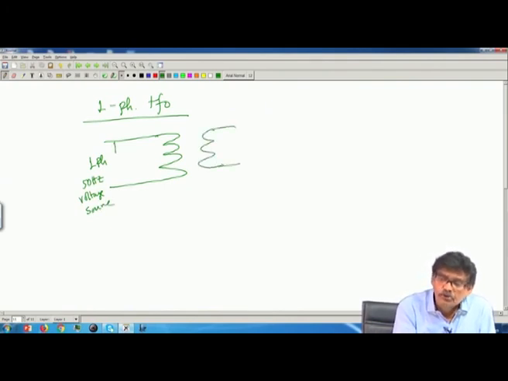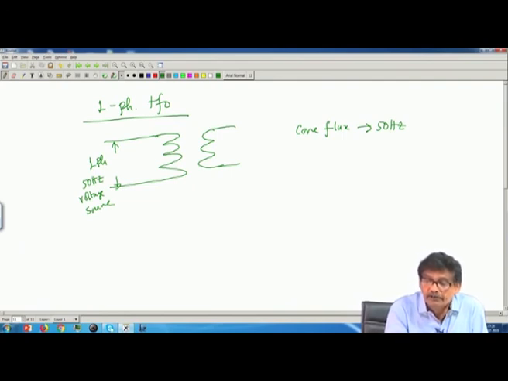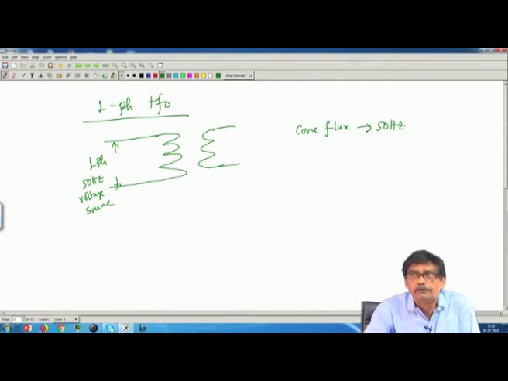And I have ensured that this voltage applied is 50 hertz. So, what will be the core flux? If this voltage is 50 hertz, core flux has to be 50 hertz. We will have only one component, 50 hertz. How? Because we have applied sinusoidal voltage, it has to satisfy. And secondary voltage will be also sinusoidal 50 hertz.